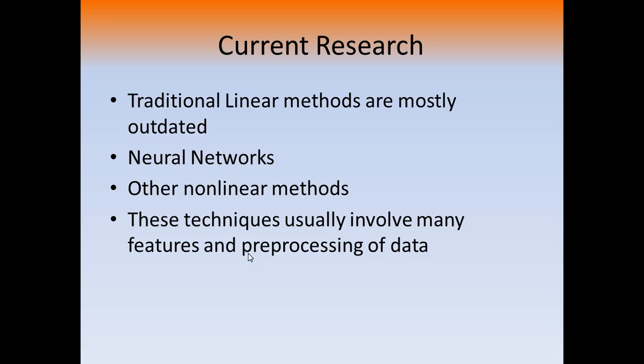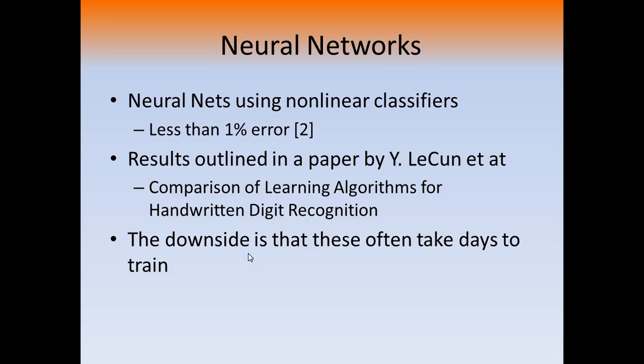Now, these techniques require a lot of processing power and a lot of data, but they can be very powerful and get great results. In one example, a paper by LeCun from France gets less than 1% error on a massive database of letters handwritten on post notes and letter envelopes.